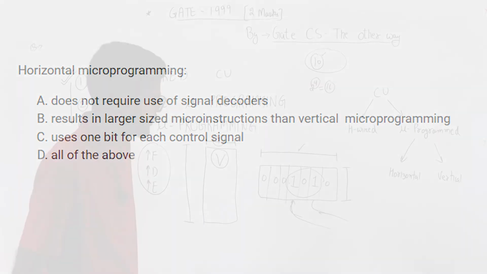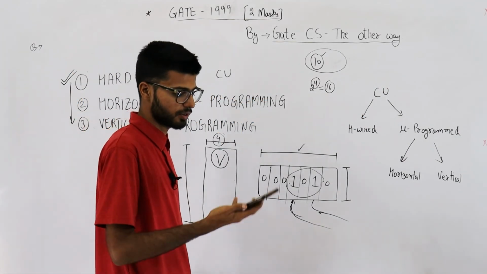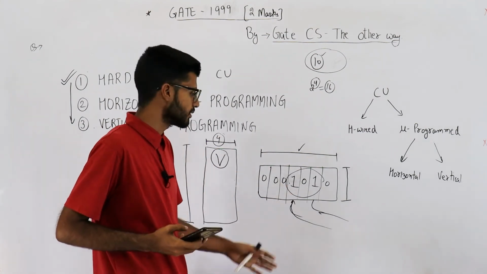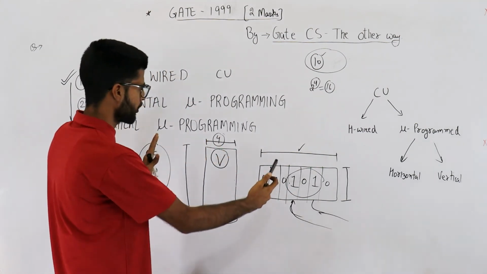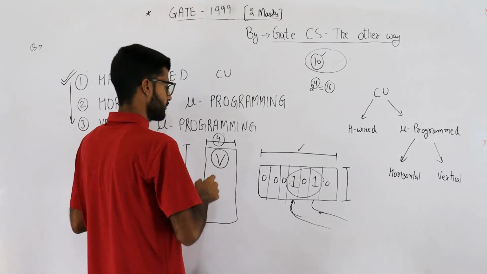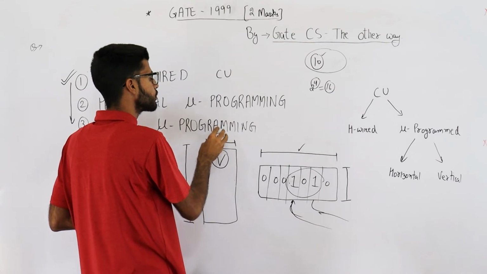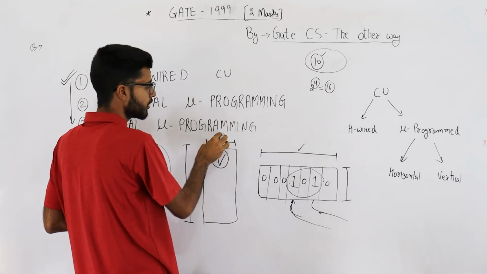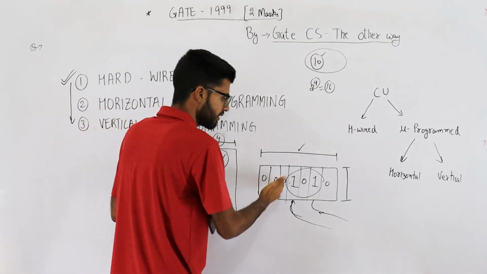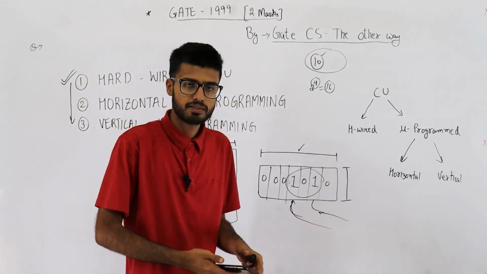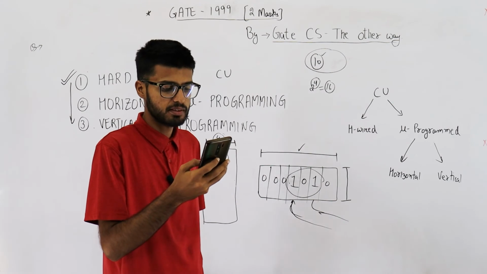Now you can easily guess that it's all of the above, because we have discussed it does not require any decoders, simply because in vertical you have compressed data. You have represented 10 different control signals using only 4 bits, so you need to decode this information. But here 1 bit is present for 1 control signal, so no decoders are required. Option A is correct.